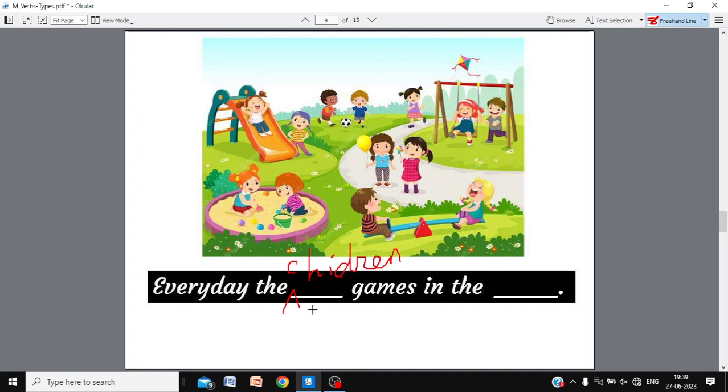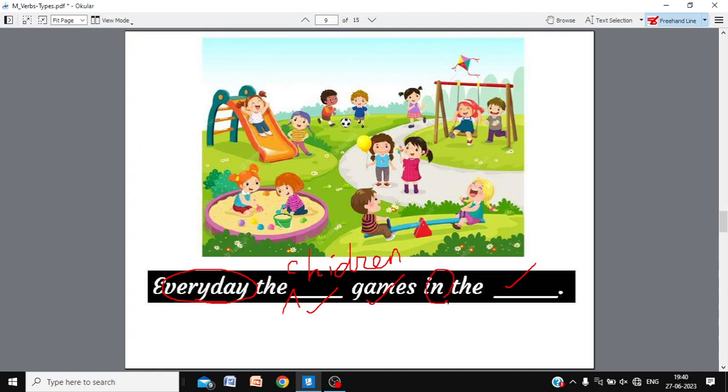So children is the subject. Every day is not the subject. Every day is an adverb of time. This is children, subject. The children played. Played is a verb. Games is an object. Now in the park, this is an object, but not for the verb, but for the preposition.